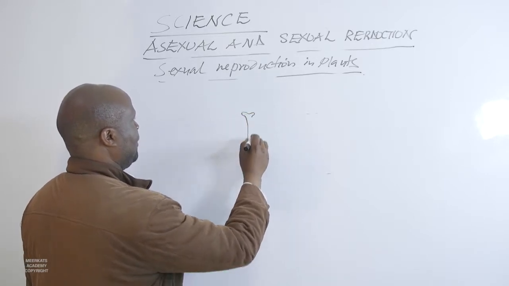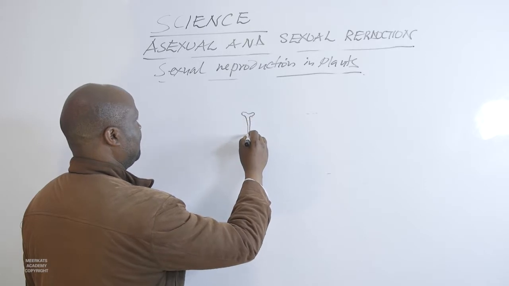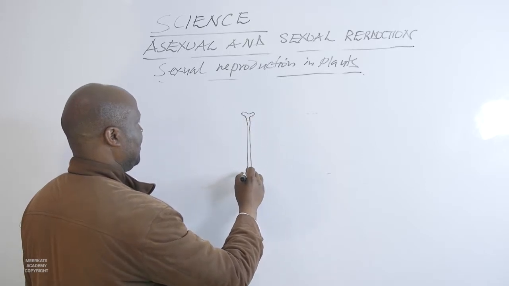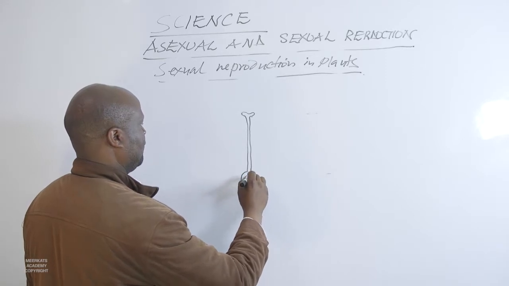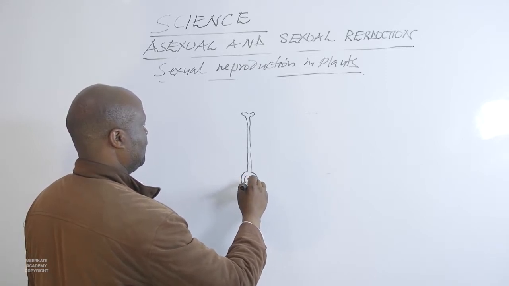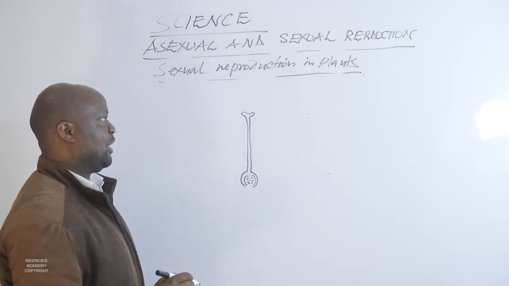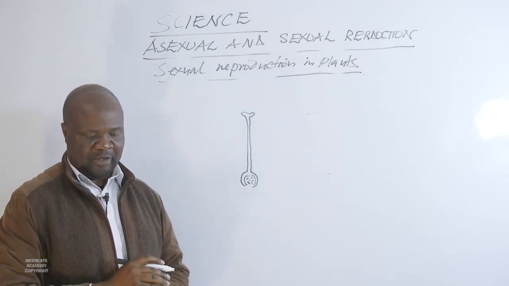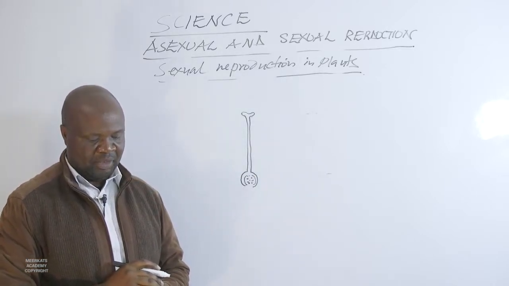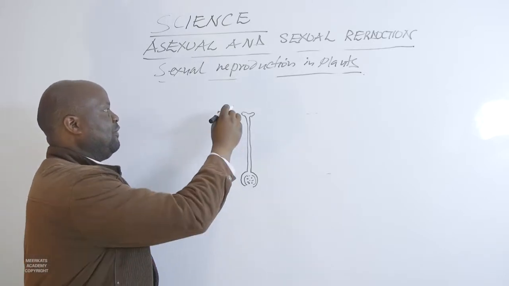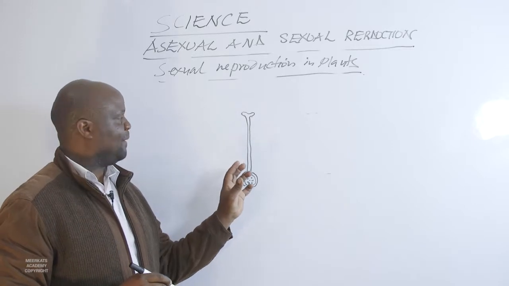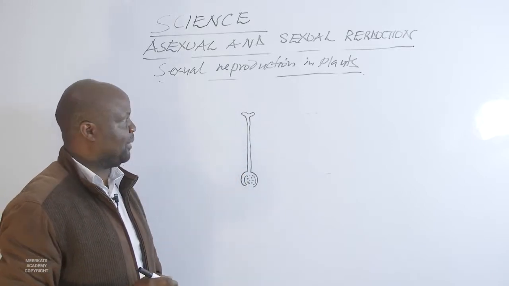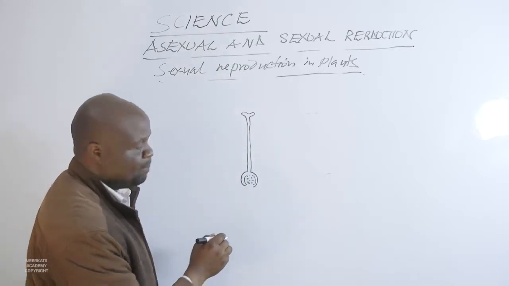When we're talking about the parts of a flowering plant, the first part that we have tried to draw is where we shall have our stigma. Our stigma, the style, and the ovaries, we shall be able to explain them.